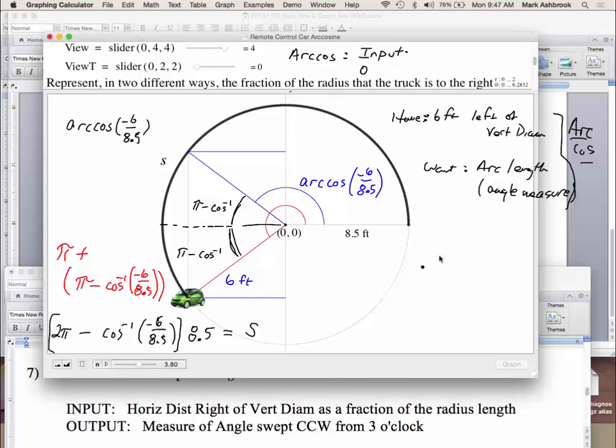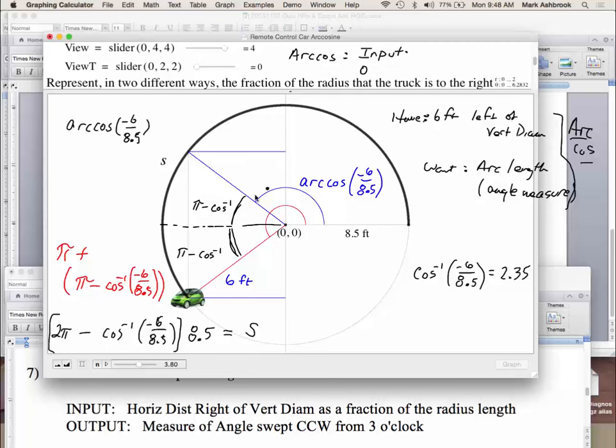As soon as you get it, tell me. 2.35. Does it make sense, and why does it make sense? What is that a measure of? Radians into which quadrant? Second quadrant, right? Almost 2.5.